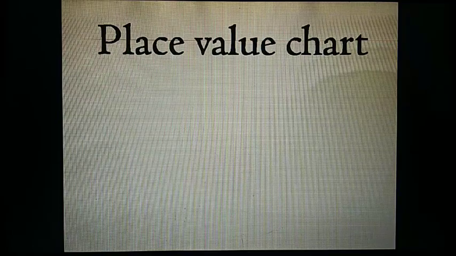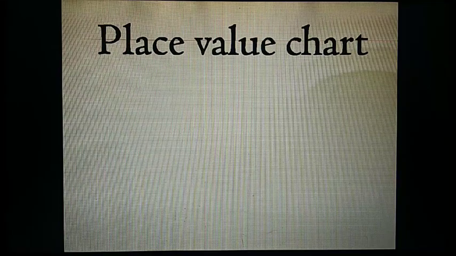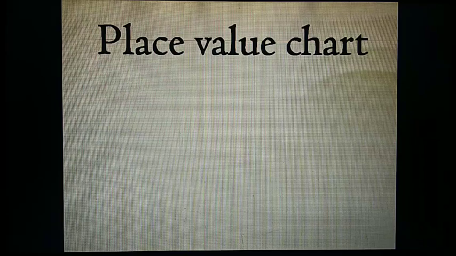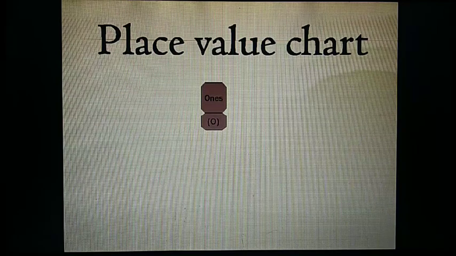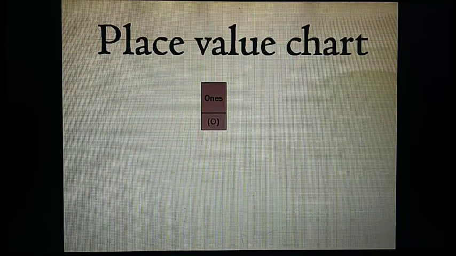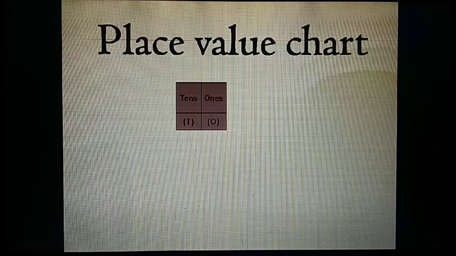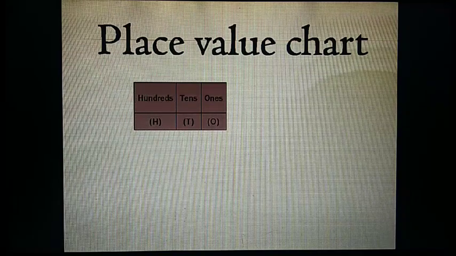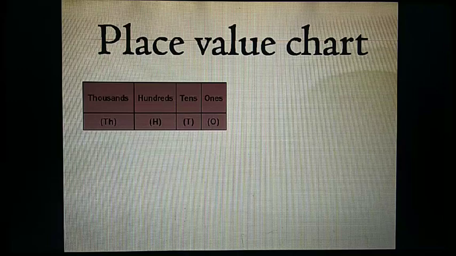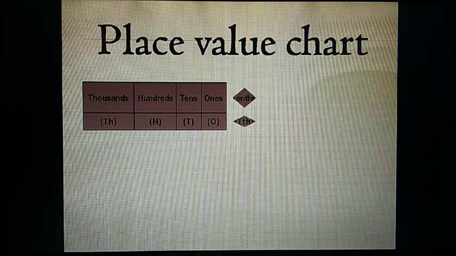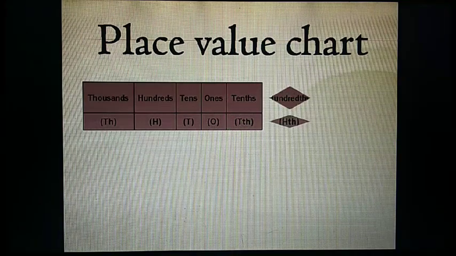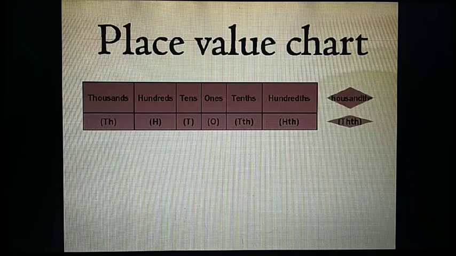Next, place value chart for the decimal number. We will use Indian numeration system for the whole number part, starting from ones, moving toward left, tens, hundreds, thousands. Next is the place value chart for the decimal part, which will start from tenths, hundredths, thousandths.